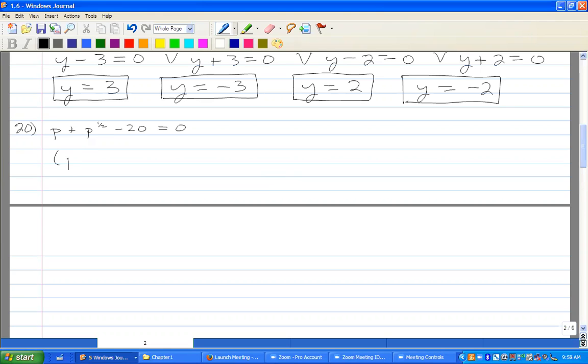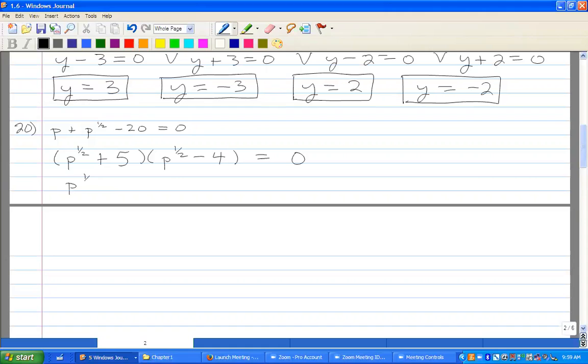So let's factor this as p to the 1/2 times p to the 1/2, times minus is minus. I want 2 whole numbers whose product is 20 and whose difference is 1. So 5 and 4. Put the root with larger absolute value first.